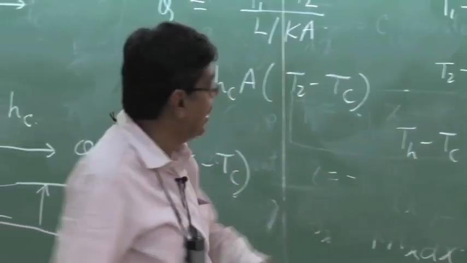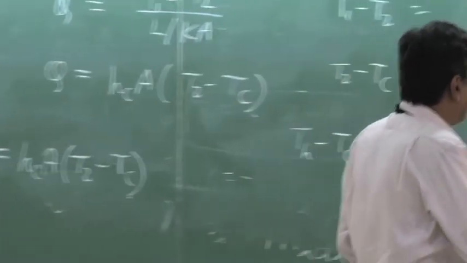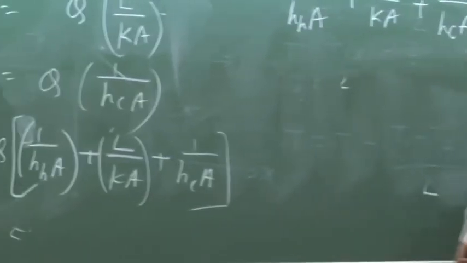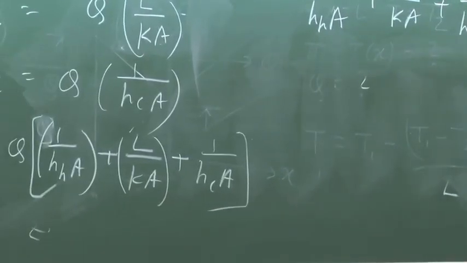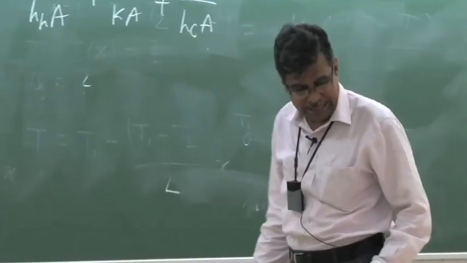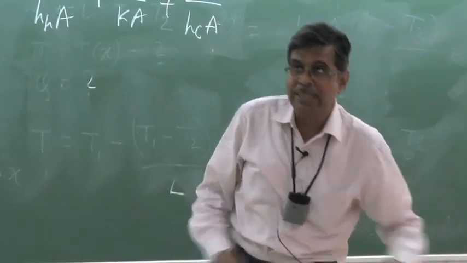And this equation, in the light of the electrical analogous circuit, looks like a series, that means a series of resistances comprising the conduction resistances and convection resistances.